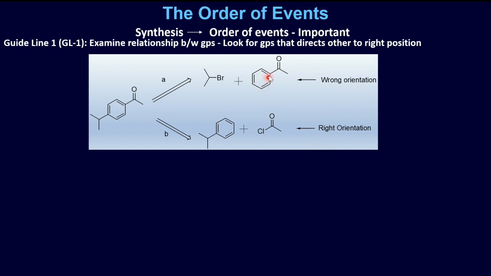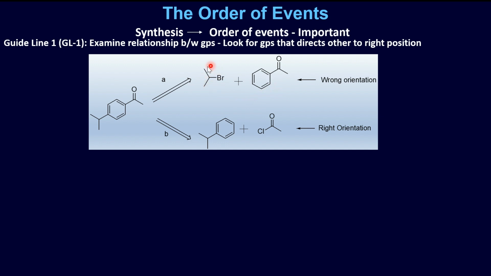In acetophenone, the acetyl group, the carbonyl group, is electron withdrawing in nature. As it is electron withdrawing, it withdraws electrons from the benzene ring system. Thus, it reduces the reactivity, and that's why the reaction will be difficult. More than that, when it is electron withdrawing, it will be meta-directing.